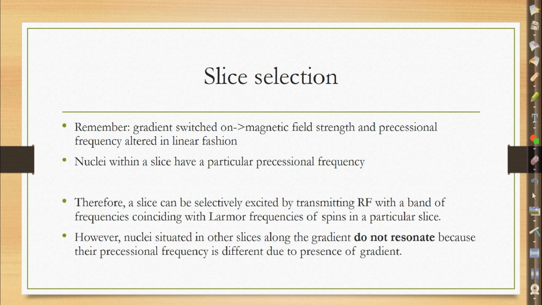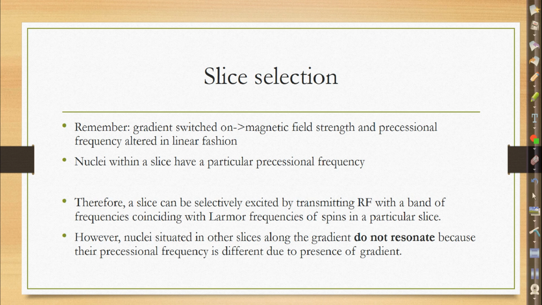All right, so this slice is just saying that when we excite hydrogen protons within a particular slice, we're basically applying an RF pulse to that particular precessional frequency. So remember how our linear slope changes our precessional frequencies. So if we want to apply maybe more towards the top of the head, we apply a precessional frequency a little stronger, and we apply more current within that gradient coil.